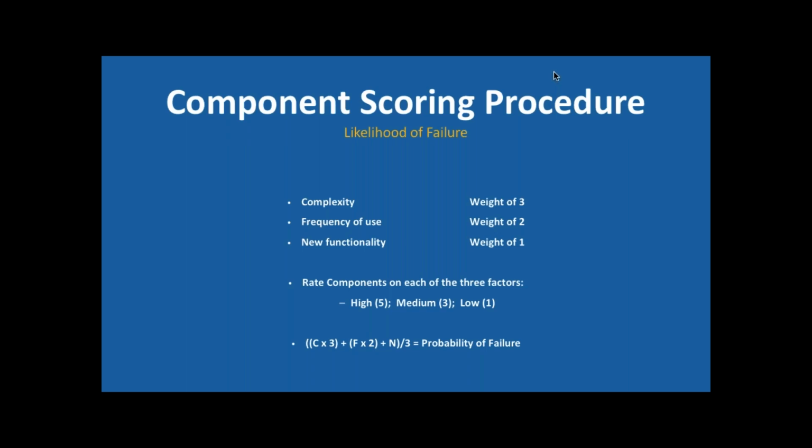Plus whatever rating score we give it for frequency of use times 2. And we're going to add it to whatever score, whatever rating we give it for new functionality. We are going to add those and divide by 3. That then gives us a rating for likelihood or probability of failure.